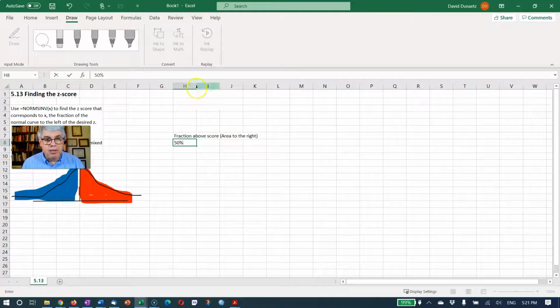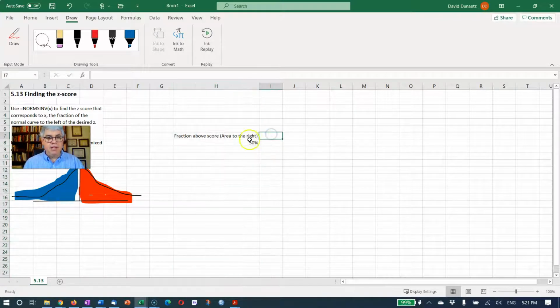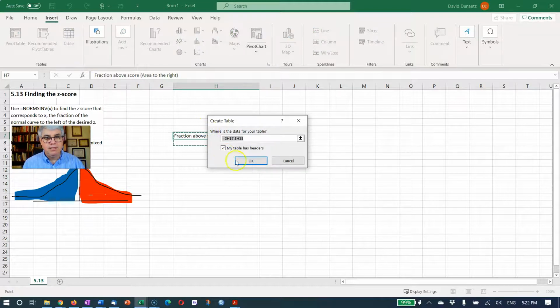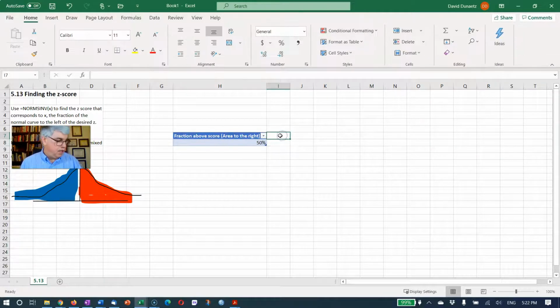And let's make this a really wide column so we can see what's going on. And then let's change this into a table. Insert table. Okay, so we've got 50% for the first one, and that's the red area. We need the blue area.